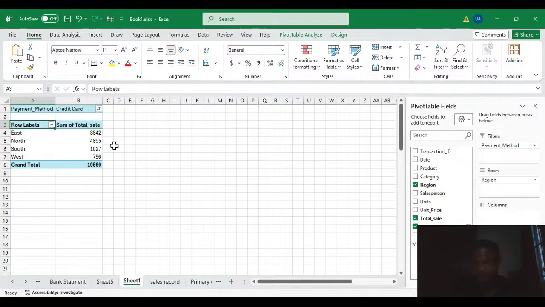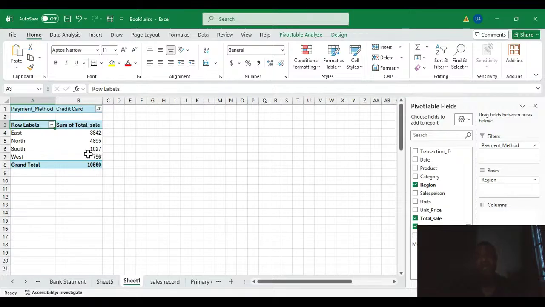The northern region, you see it here. It has the highest number of credit card use. So if we are considering which area we should push credit card more on, it should be in the north region, followed by the east region. But in the west, cash should be prioritized there.